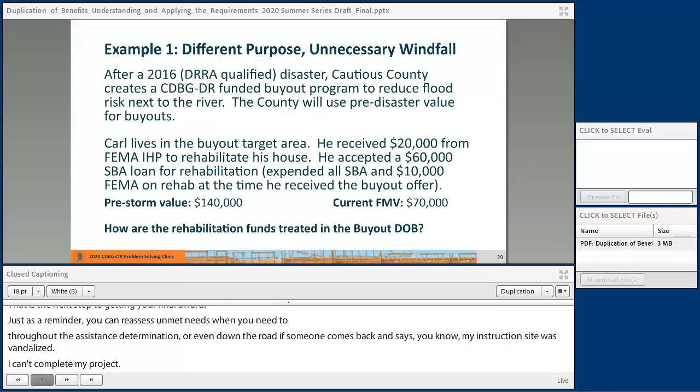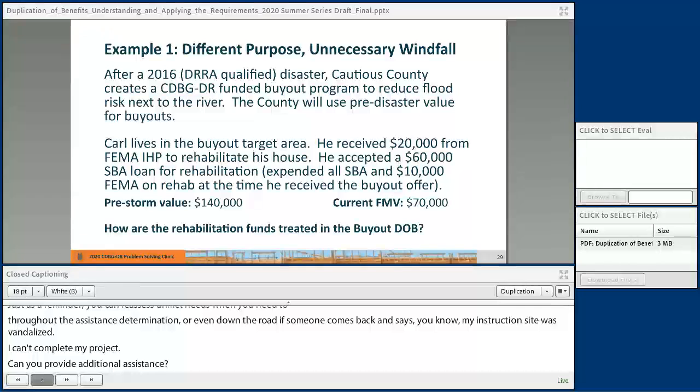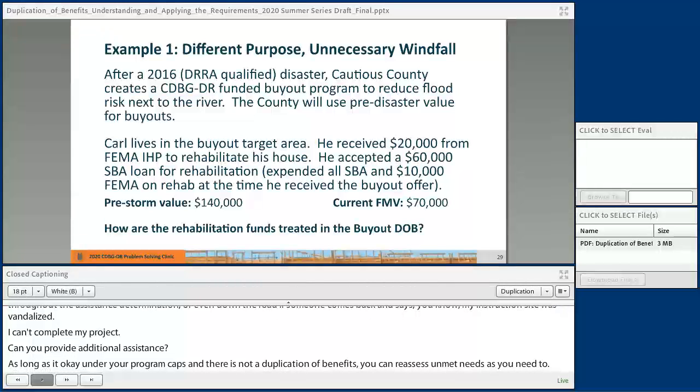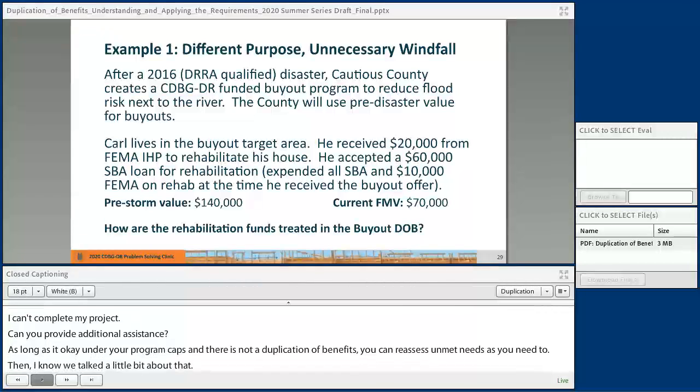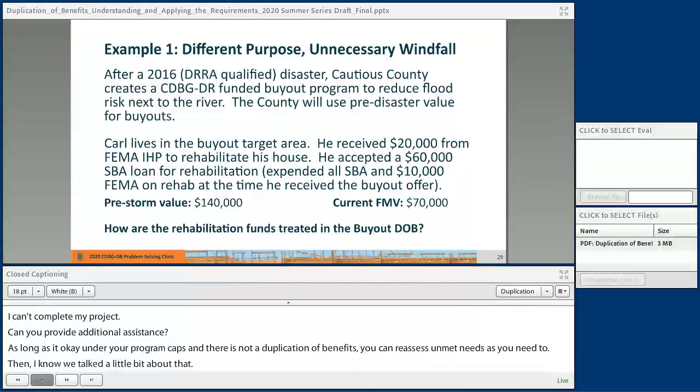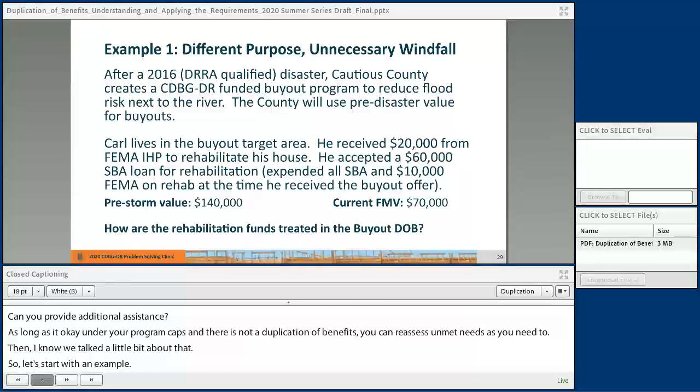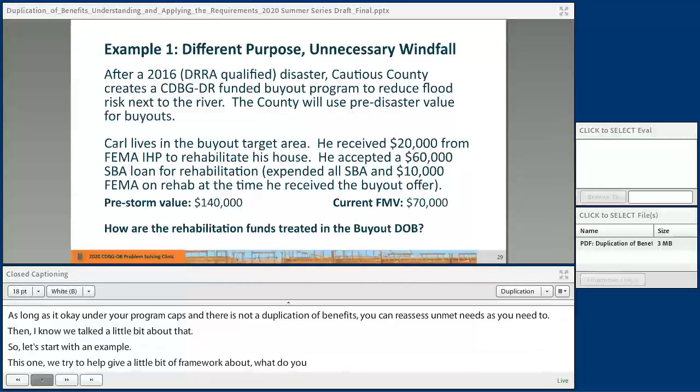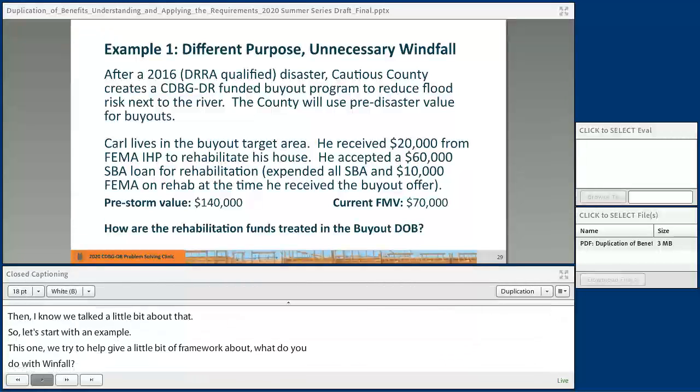So let's start with an example. And this one just tries to help give a little bit of framework about what do you do with windfalls, and how does the necessary and reasonable analysis that every grantee has to do for every cost under Part 200 line up with the duplication of benefits analysis that everyone has to do under the Stafford Act.